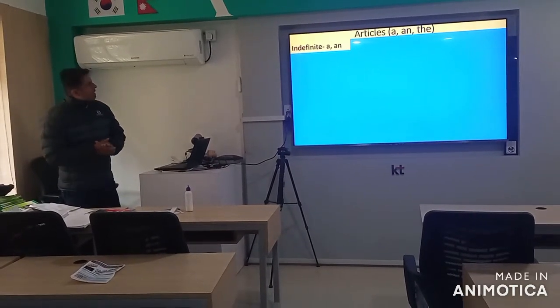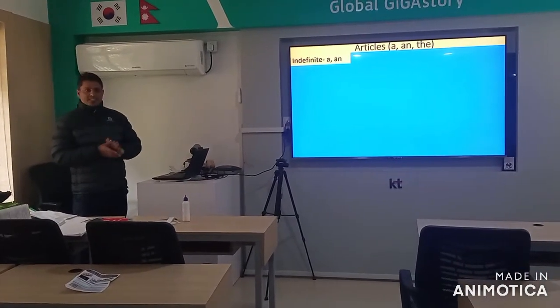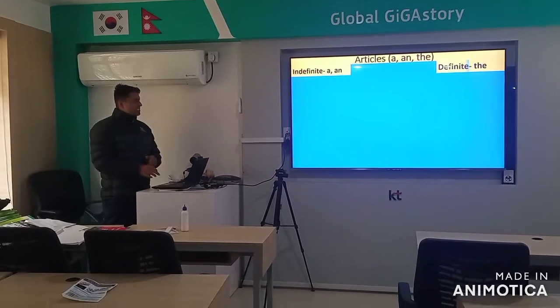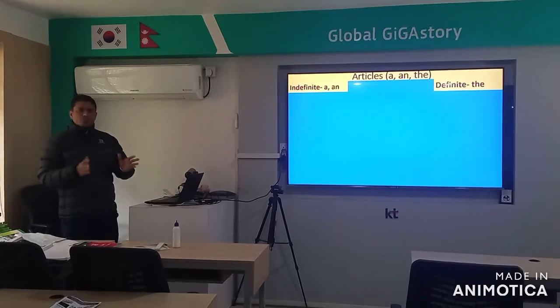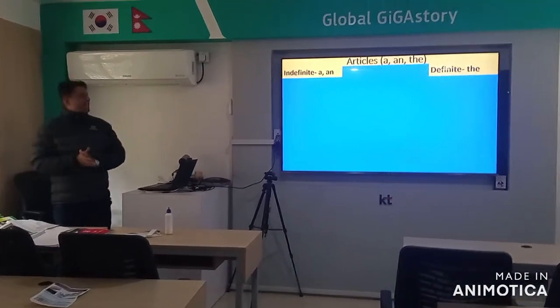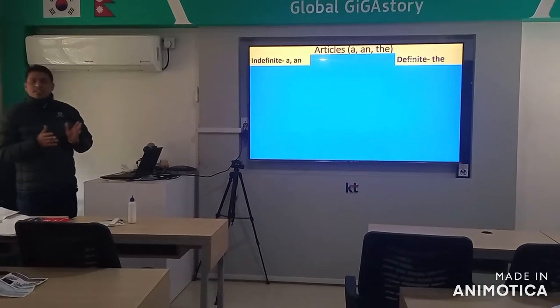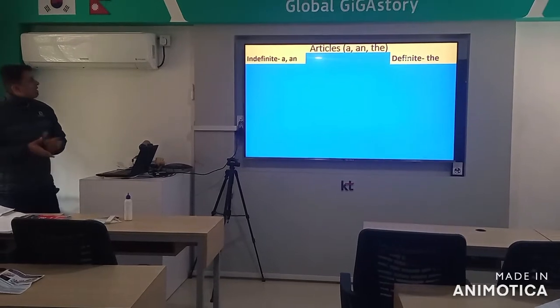Now, can you guess what comes under the definite one? What is the remaining one? Obviously, the. The is the definite article. So first you have to make the concept clear regarding the uses of the indefinite articles a or an and the definite article the.